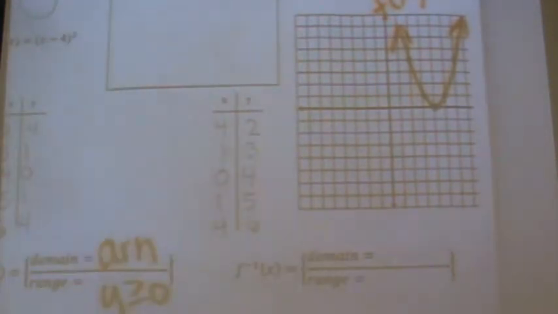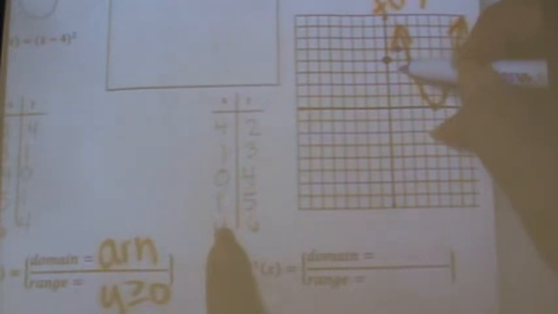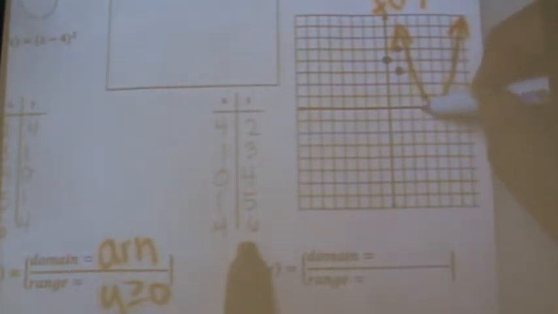Let's see what it looks like. So (0, 4) is our vertex. We have (1, 3) and (1, 5). And we have (4, 6).